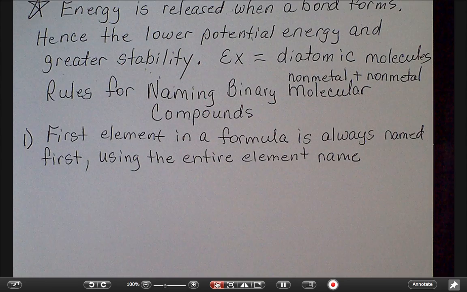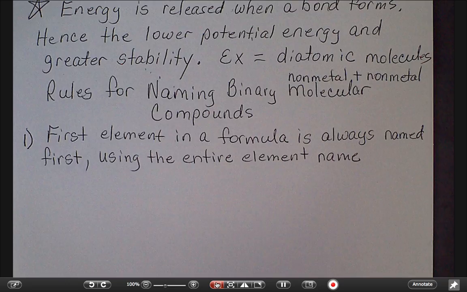Okay? Using the entire element what? Name. Okay.